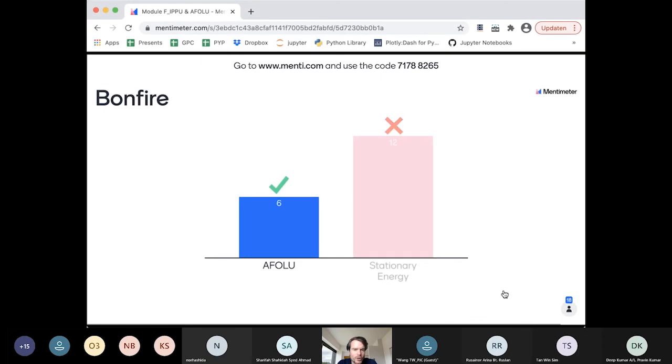I would put this under a FOLU because it is intentional combustion, but there is no productive energy use. In most cases, you're burning it to get rid of stuff, clear up debris and get rid of waste, usually on a farm. So that's why I would classify this under a FOLU, but these emissions are insignificant, so they would never feature in your inventory anyway. Just a trick question at the end.